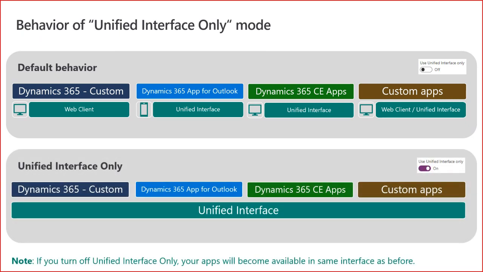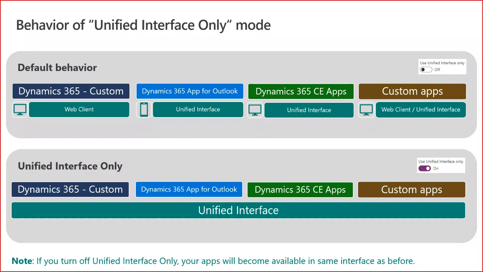When you enable unified interface only mode, this application type is fully ignored, and we render all your applications in unified interface, regardless of whether it's defined as a web client or unified interface application.